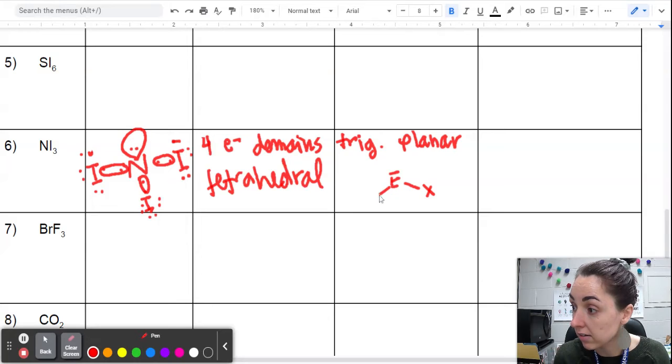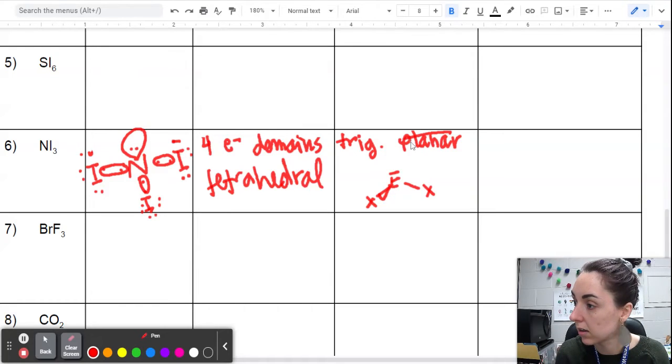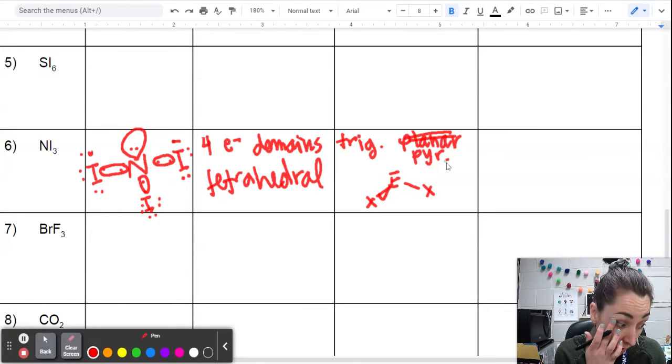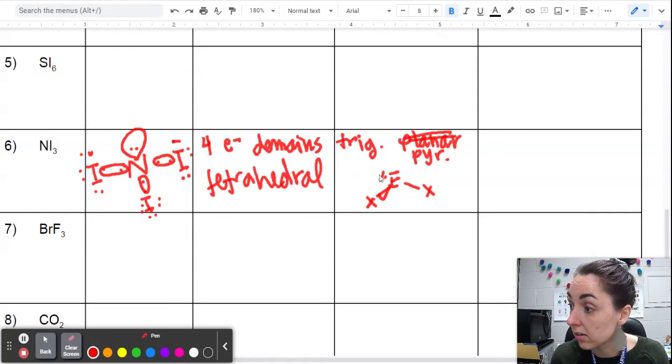And then we've got X, X. And then this one is wedged. Oh, sorry, this is trigonal pyramid, my bad, not planar. Trigonal pyramidal. We got one that is dashed back, and then your lone pair here.